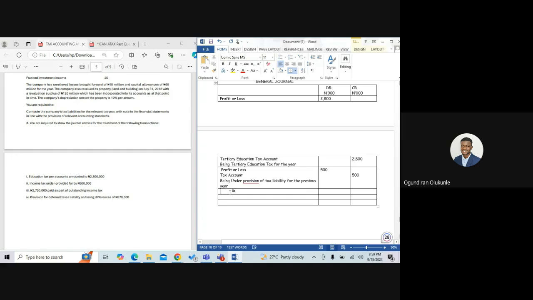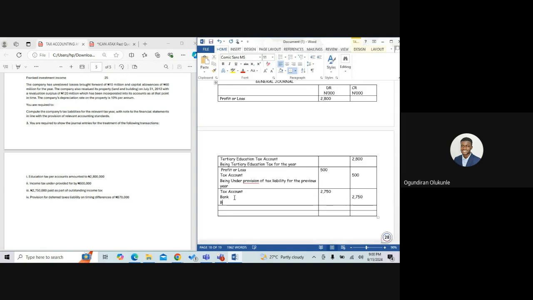For this, you debit the tax account with 2,750 and then you credit bank with 2,750.